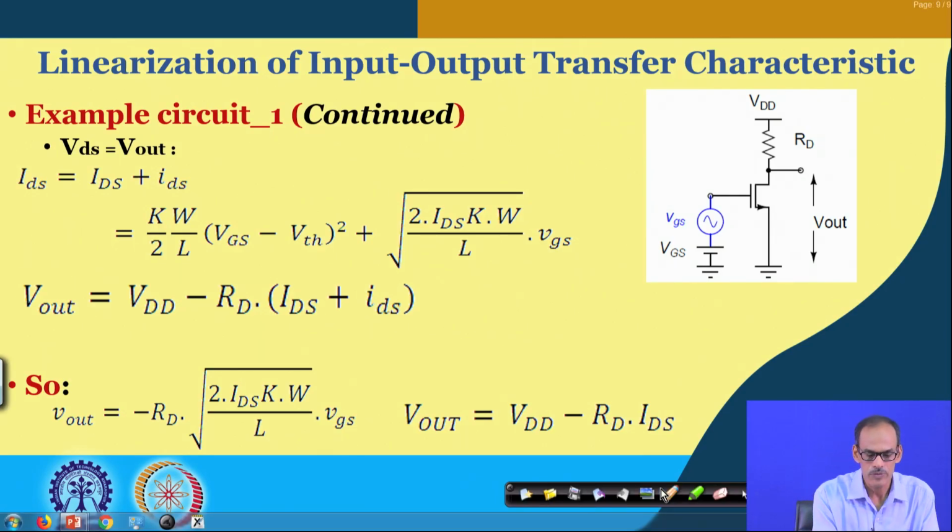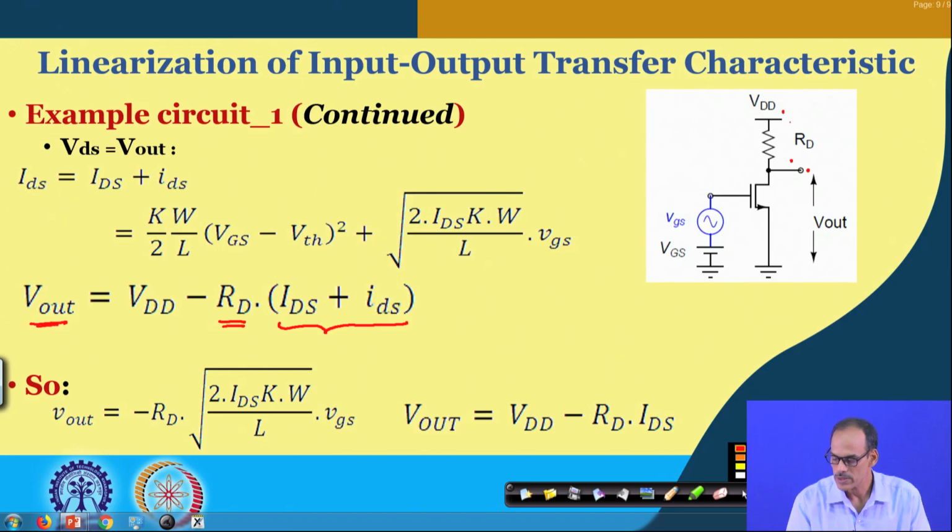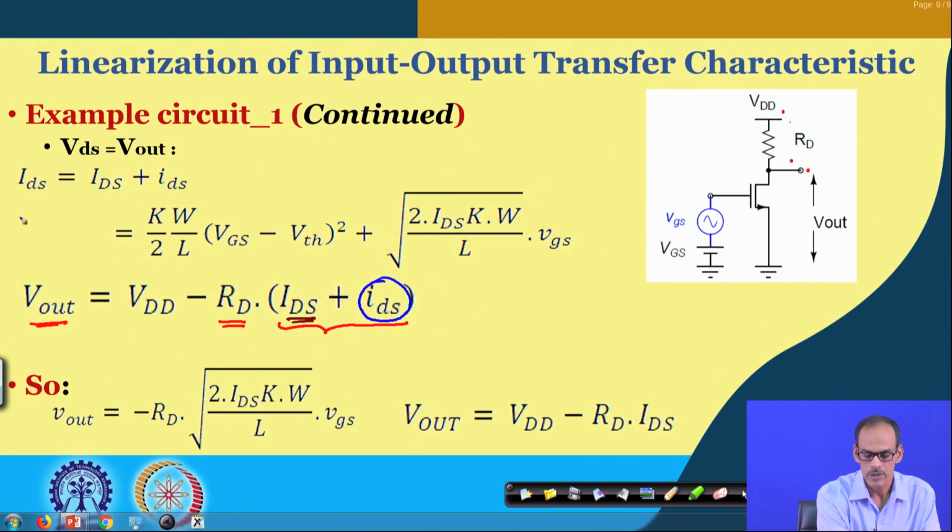The expression of the output voltage, of course, is VDD minus this IR drop. Now, the IR drop is basically RD multiplied by the total current, which has the DC part as well as the AC part. And from the previous discussion we already said the expression of the total current, which is given here. It has the AC part, and then also the DC part.